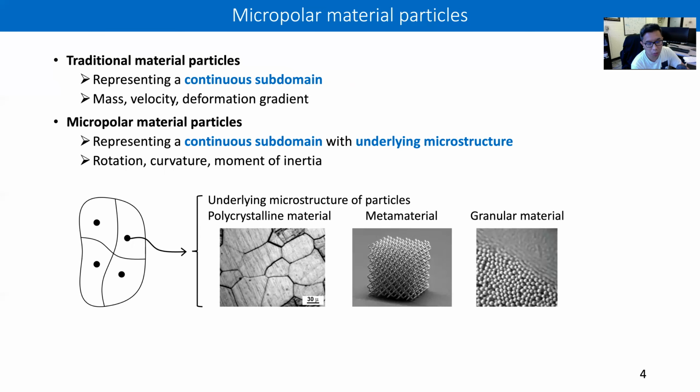So again, one way to think about micropolar material is that in micropolar theory, a point does not necessarily represent a point with no volume, but can be considered as a point that represents a subdomain with some finite characteristic. In that sense, the material point would represent additional degrees of freedom that allow us to represent some kinematic and kinetic features of the underlying microstructure.